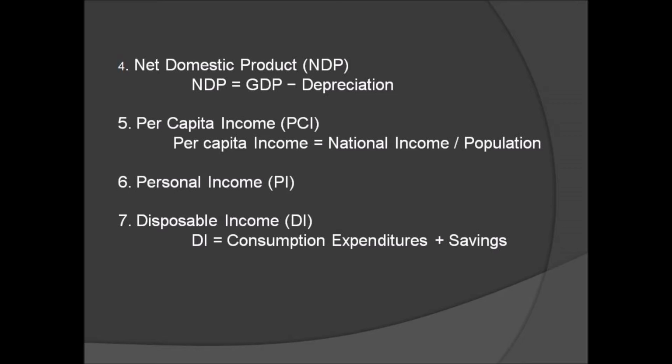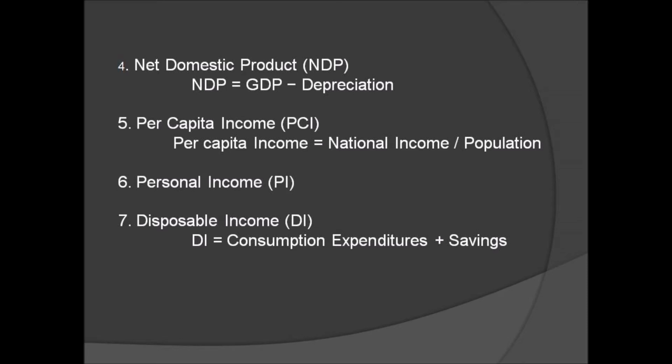Fifth one is per capita income. Per capita income or output per person is an indicator to show the living standard of people in a country. Based on this per capita income, we can easily identify the living standard of people in a particular country.